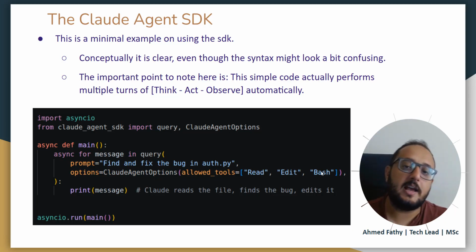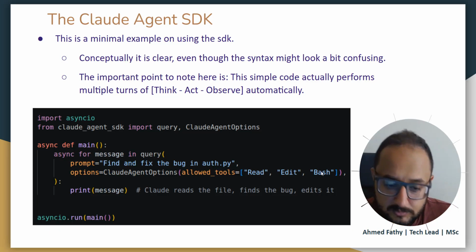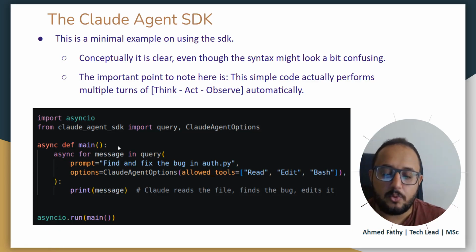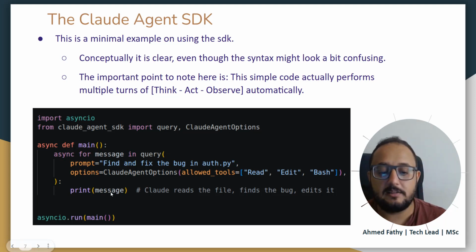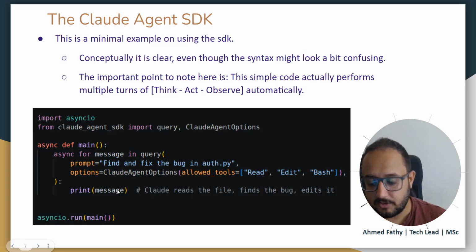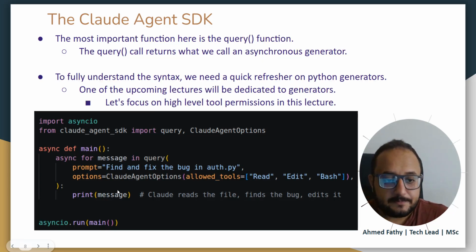So you are allowed to use those tools. Again, ignore async for, just think on a conceptual level for now. You send this query and you can get multiple messages, and we just print those messages in this case. The most important function here is the query function.